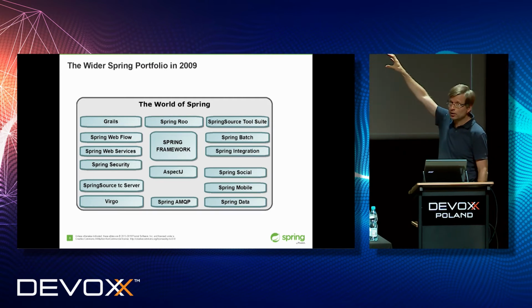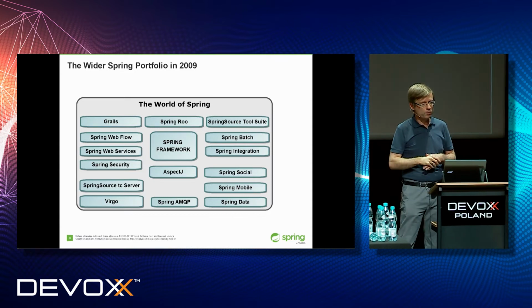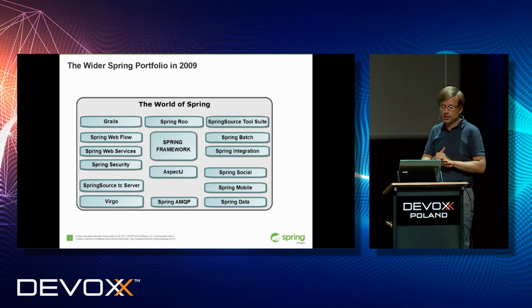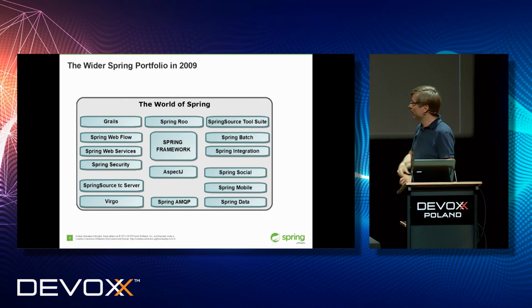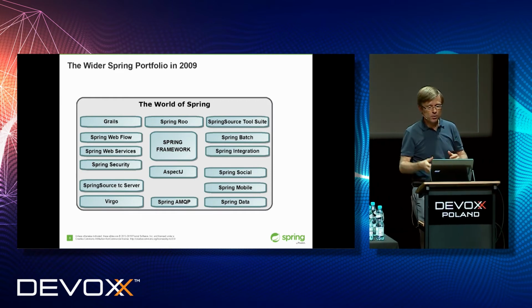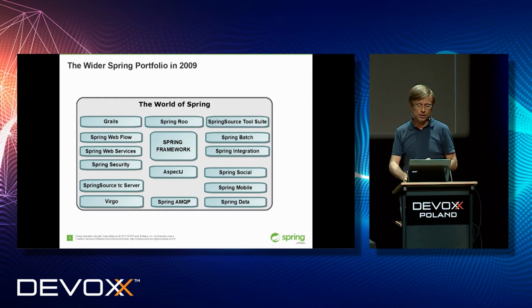There's Grails as a Groovy-based web framework on top of core Spring, and specific frameworks like Spring Security, Spring Webflow, very popular at the time, Spring Data emerging at those times. Most of those, or all of the ones mentioned here, were already present 10 years ago in 2009.